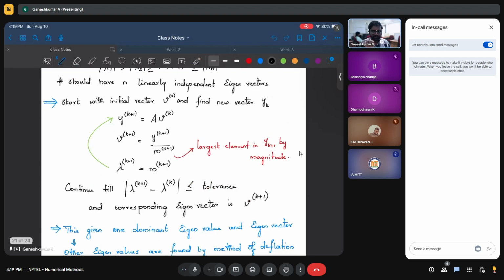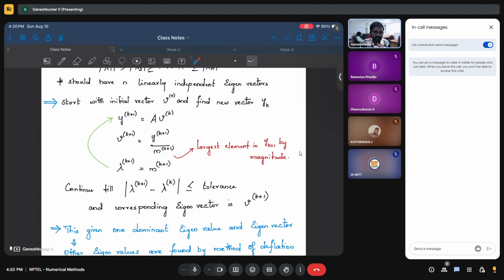You just start with an initial guess vector, and then you start multiplying it with A, and whatever vector you get, you find the largest element in that vector. You normalize the entire vector with that, and that largest element you assume as the current iteration's eigenvalue, and you keep repeating this again and again until the successive eigenvalues become the same.